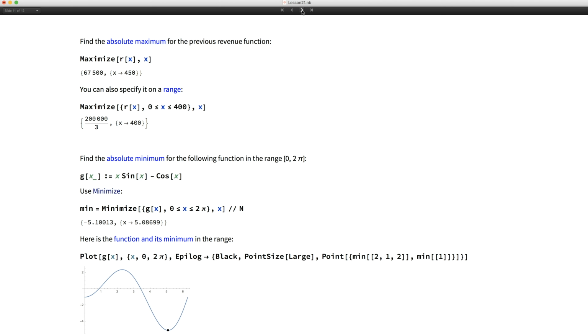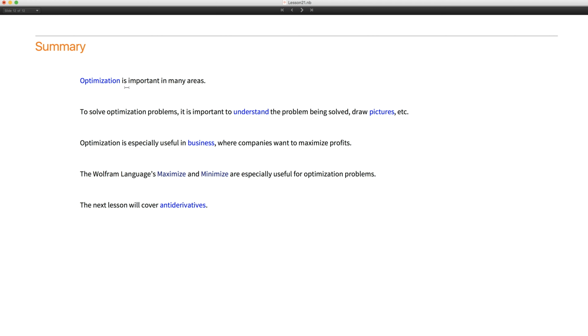Okay, so that's the end of this lesson. So the main point is that optimization is a very important area of applied mathematics. A lot of people spend time just solving optimization problems. Now, to solve problems, the first point is you must try and understand what the problem is. So understand the problem, you draw a picture, etc., and make sure you got all the setup right before you try and solve it.